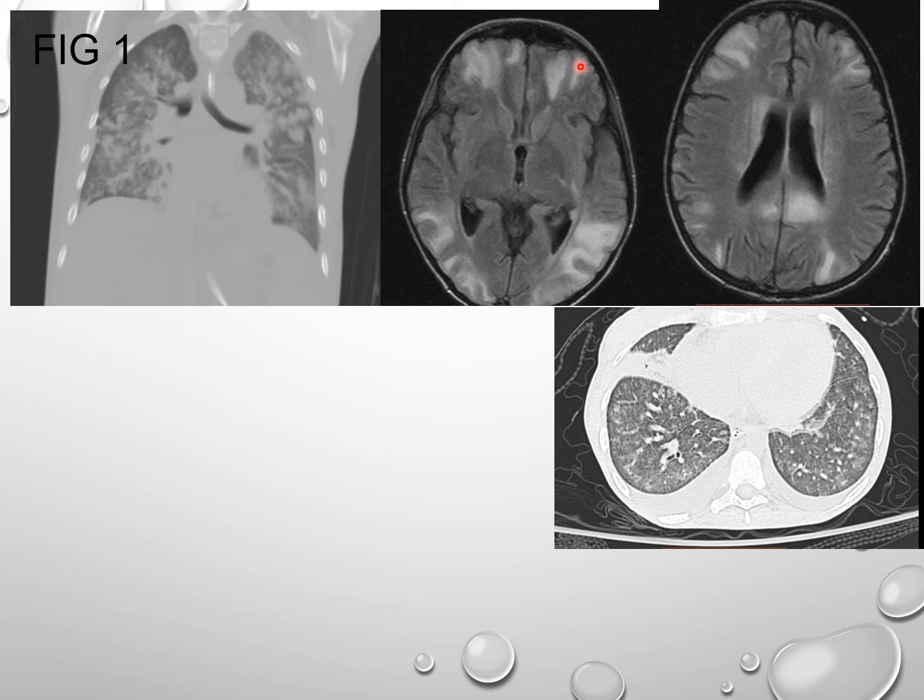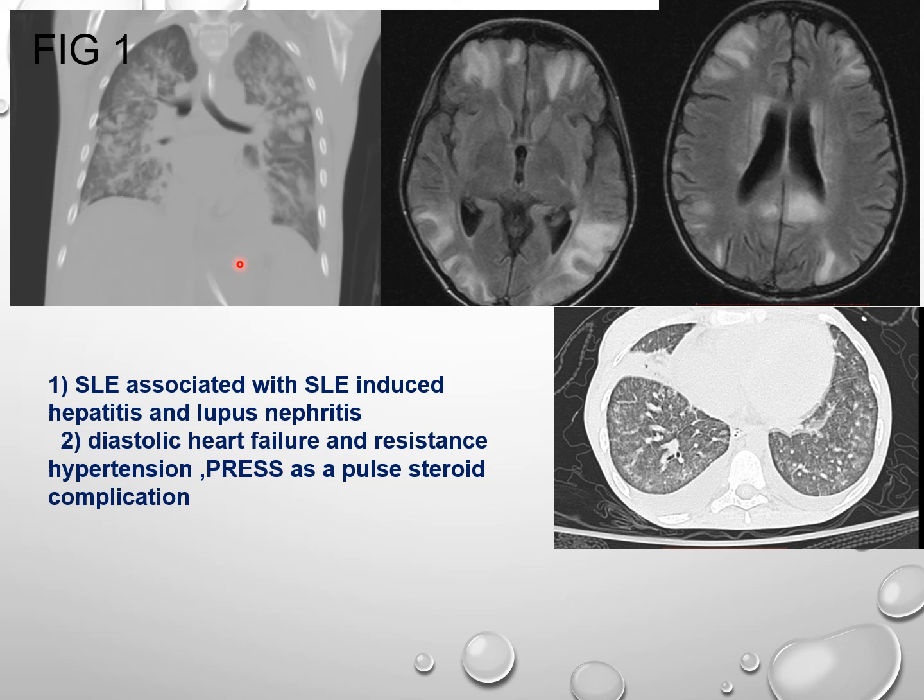However, the anterior fossa also shows some areas of hyperintense signals, and it was not restricted in diffusion. Two possibilities at that time: maybe post convulsion or PRES syndrome. And this is her CT chest showing the batwing appearance, suggestive mainly of pulmonary edema.